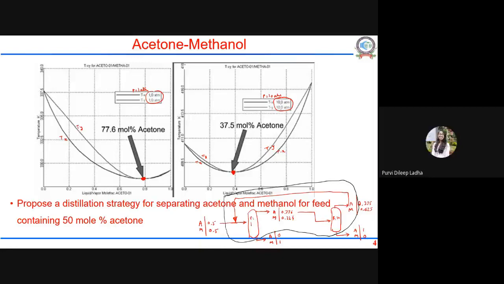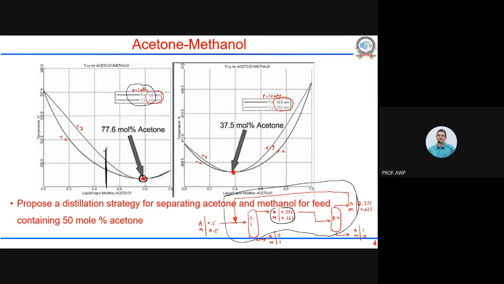So what we are trying to do, if you think about it, in the first column you are at 1 atmospheric pressure. So your feed is, let's say, 0.5, somewhere here. The more volatile component in the first column is the azeotrope, so that is going to come at the top of the column.